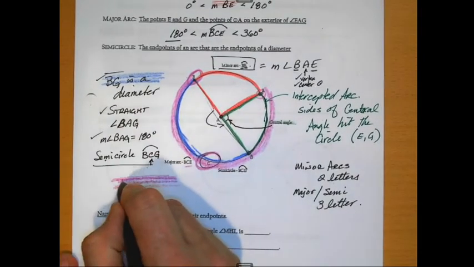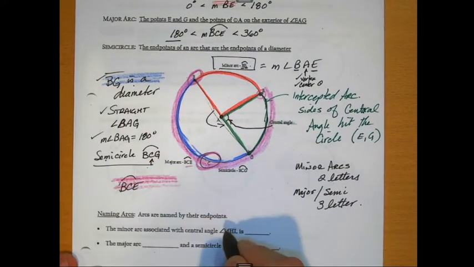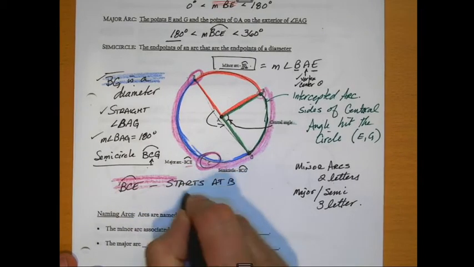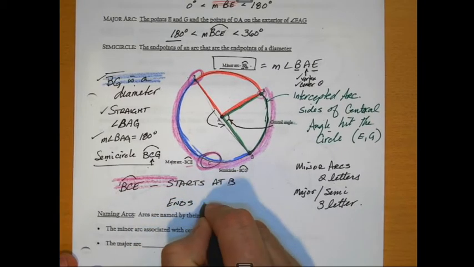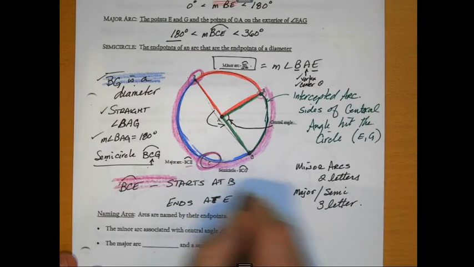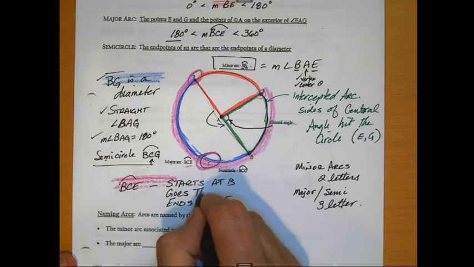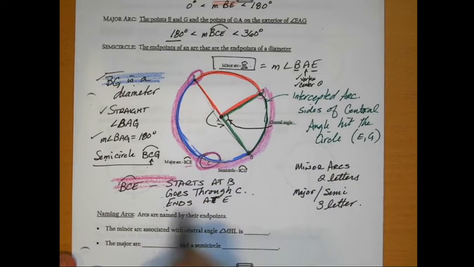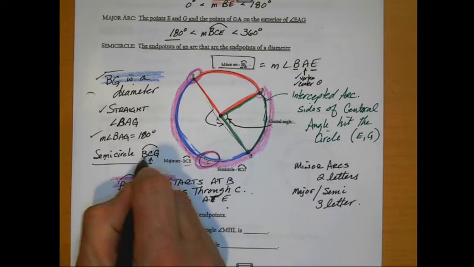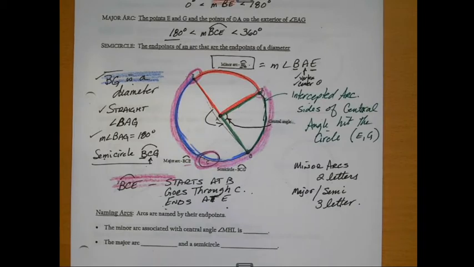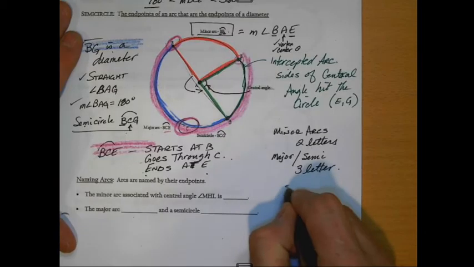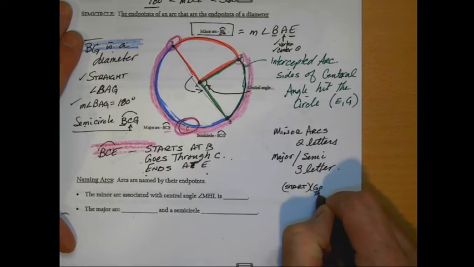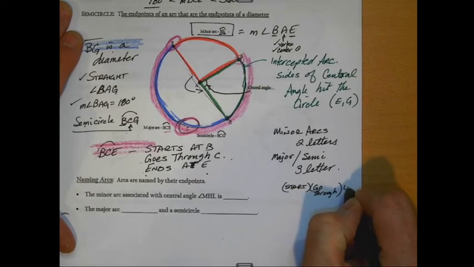So your major arc, arc BCE, starts at B, ends at E, and goes through C. So arc BCG starts at B, goes through C, and ends at G. If you have a major arc, you have your start, then the go-through point, and then your end.